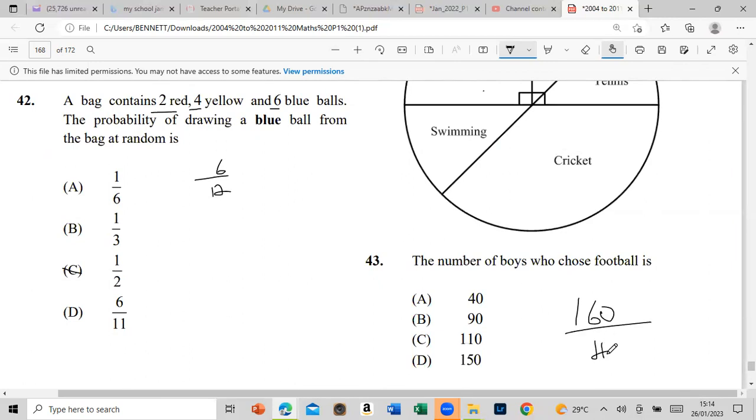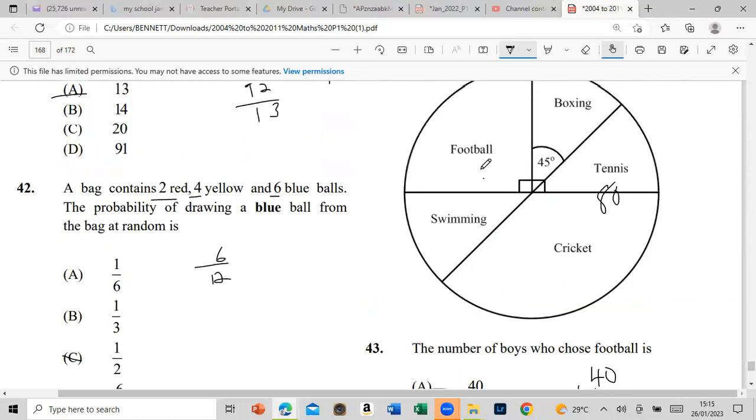As the 160 boys did it, a quarter of them chose this. So that's 40. So 40 do football. And cricket and tennis combine to one eighth.